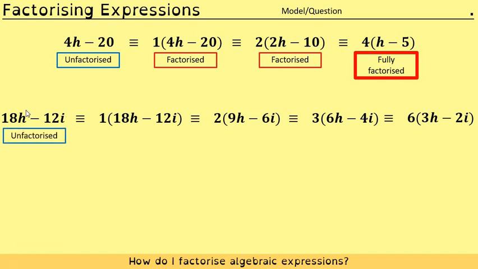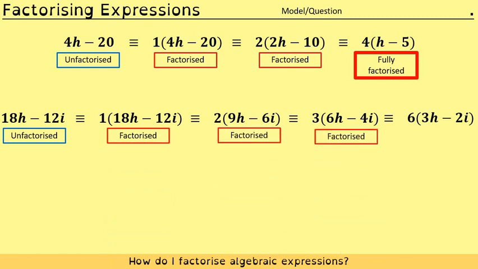Now the original expression is unfactorised, there are no brackets in it. And all of these expressions are factorised, but the last one we would say is fully factorised. So you might be thinking to yourself, how do I know if something's just factorised or fully factorised? Well, that's what we're going to be working on today, is recognising that.